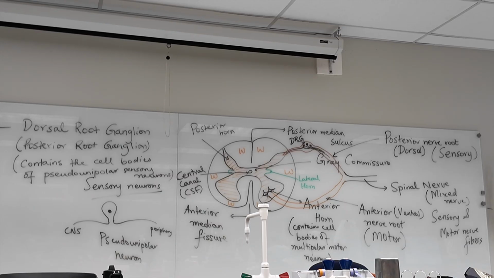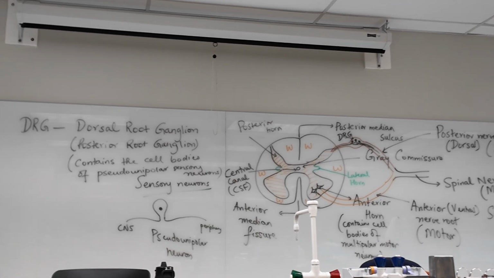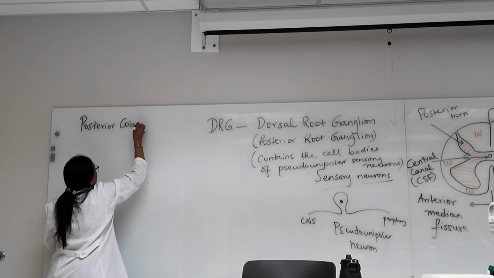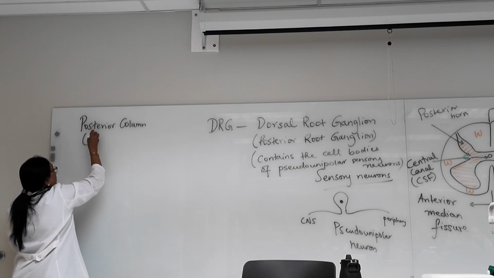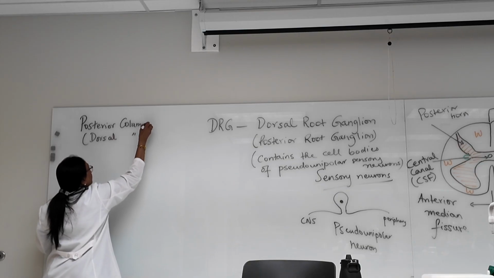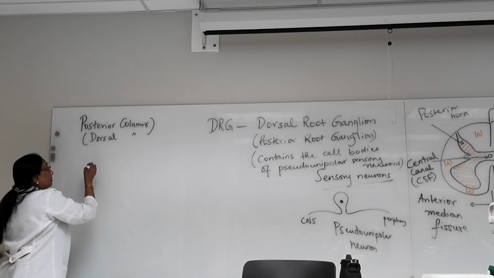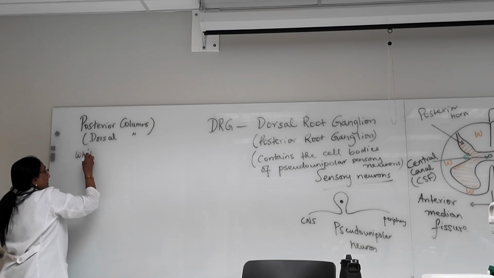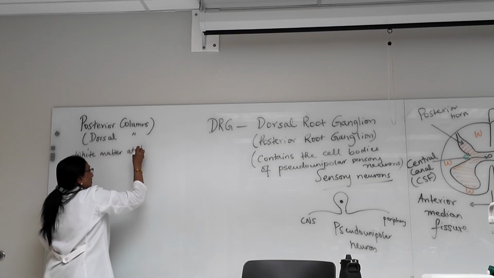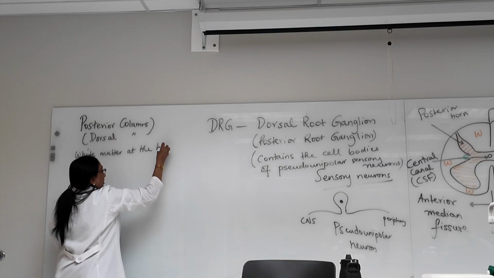The posterior column. What is this posterior column? You can also call it dorsal columns. Dorsal columns. Okay? What is this? This is the white matter at the back of the spinal cord.